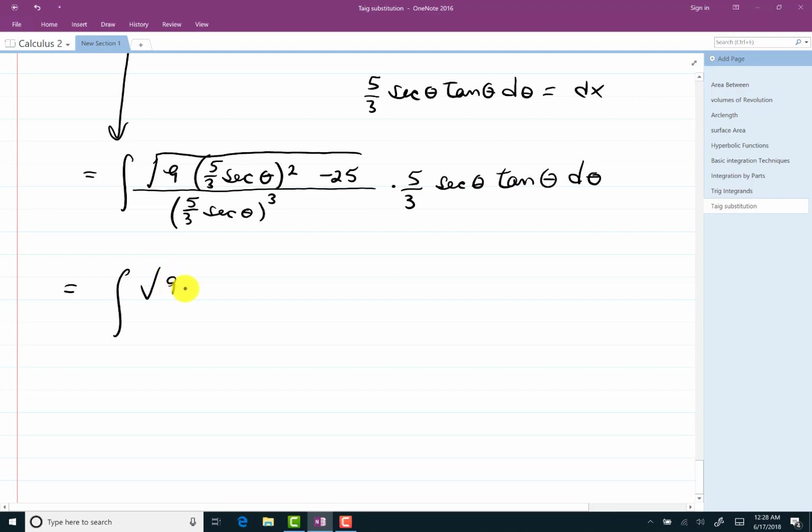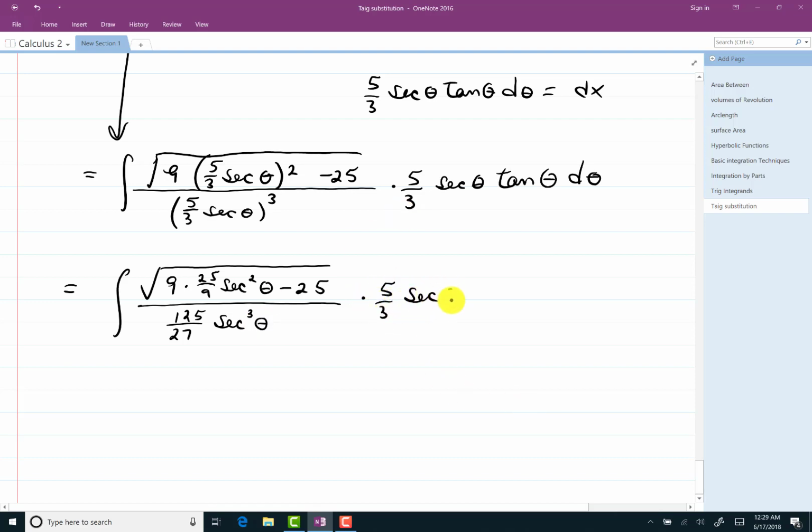I'll have 9 times 25 over 9 secant squared theta minus 25. Down here, this will be 125 over 27 secant cubed theta, and then over here I'll have 5/3 secant theta tangent theta d theta.